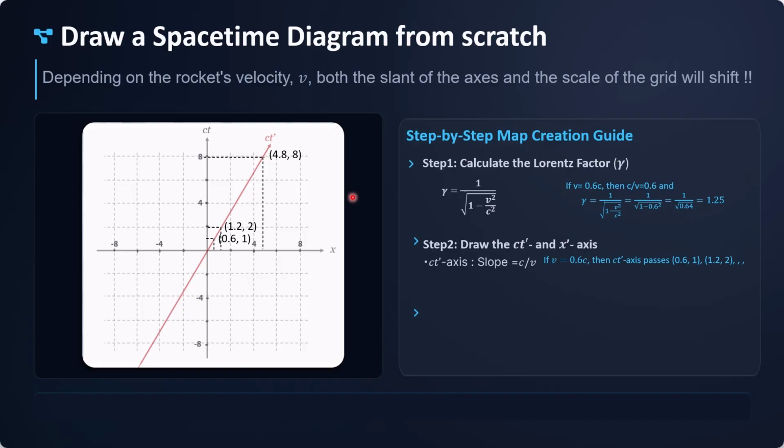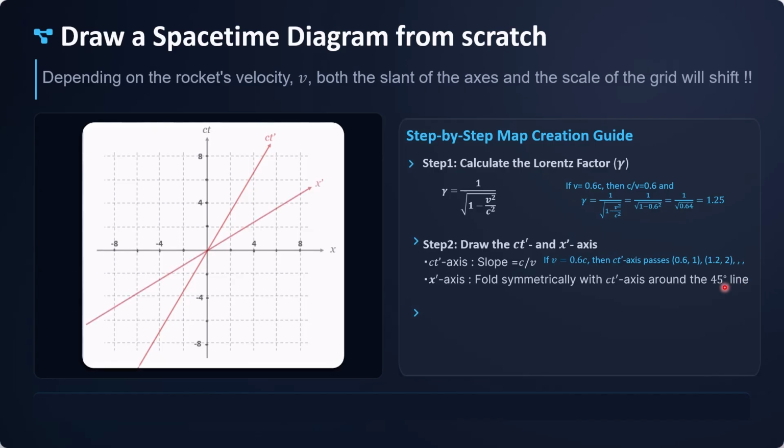Once our time axis is set, next comes our space axis, x prime. In special relativity, you fold the x prime axis upwards symmetrically with the ct prime axis around the 45-degree world line of light. Think of it like closing a pair of scissors symmetrically from both sides.